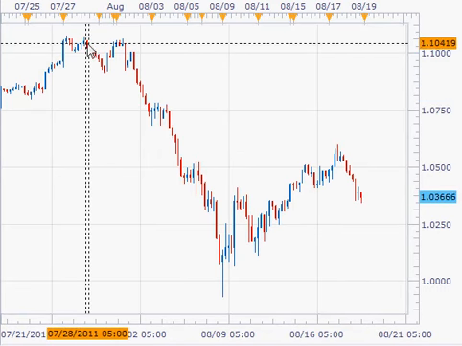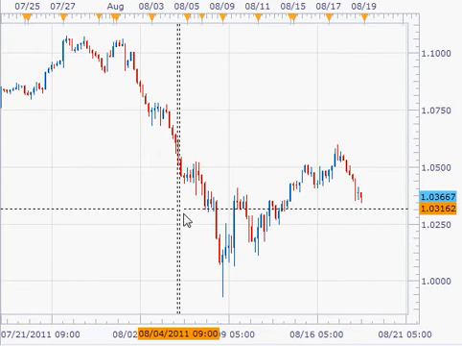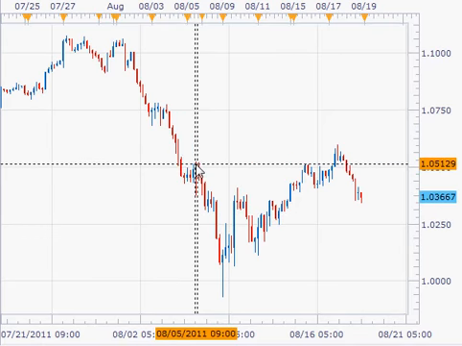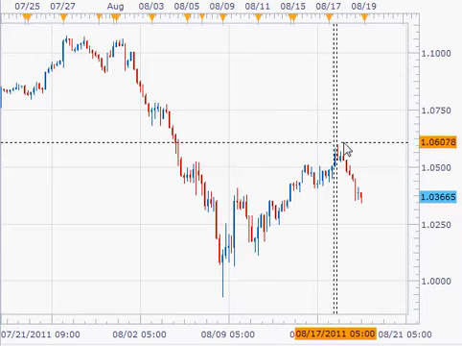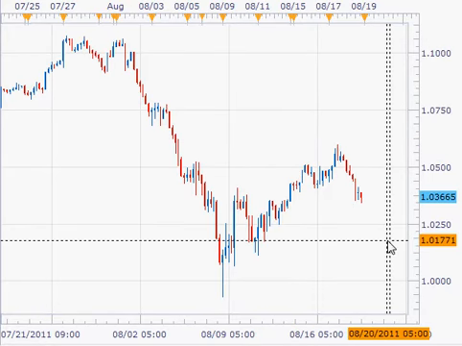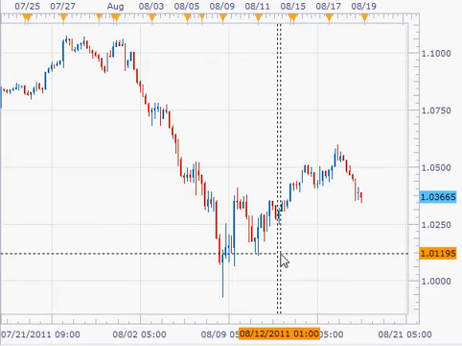AUD-USD, we have wave 1, 2, 3 here, 4, 5, A, B, C, 2 complete, and we will move down lower now.